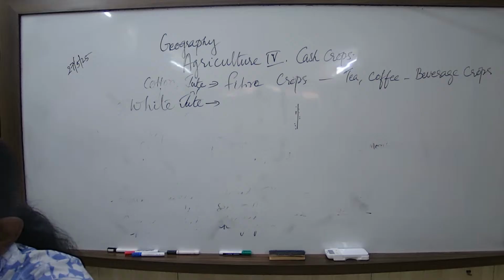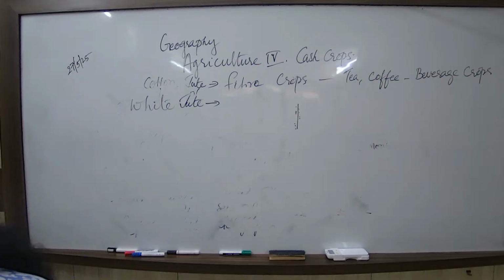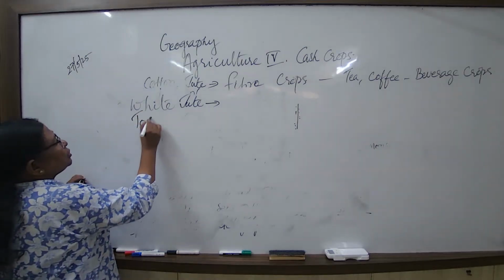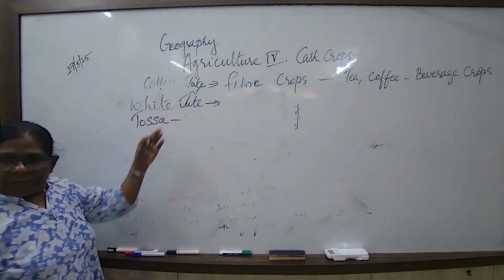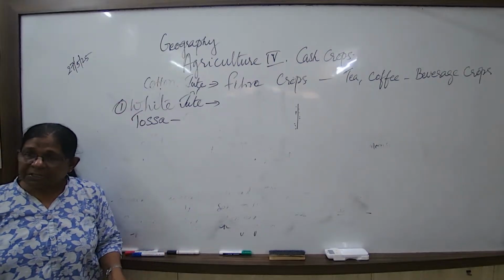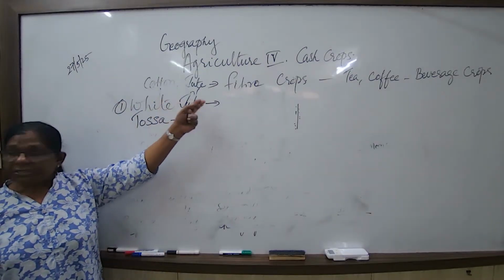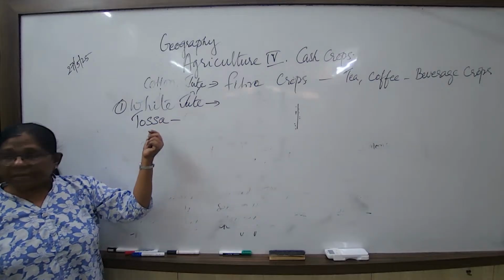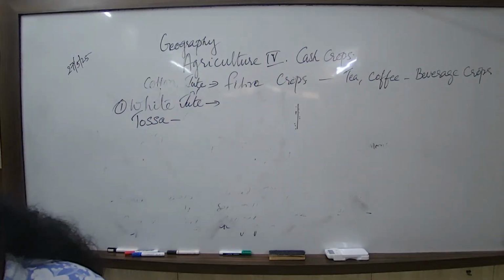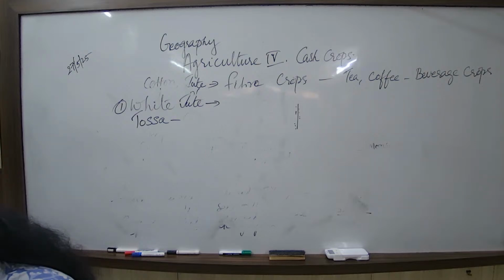Next jute variety is Tosa. See, the first variety is white jute. About 75% of that jute is white jute. Then the second variety is Tosa. Tosa is grown only in uplands.